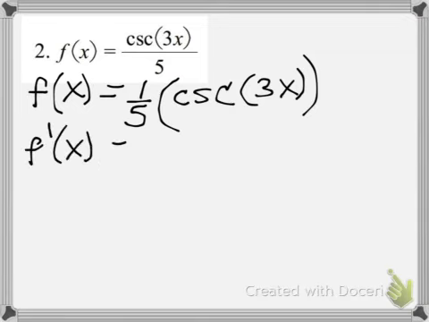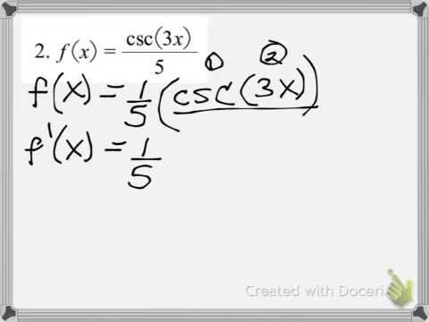I'm going to leave this on the outside and worry about taking a derivative of these functions. And by the way, I see one function right here, I see another function right there. It's a function inside of a function. So I'm going to take the derivative of the outside function first.